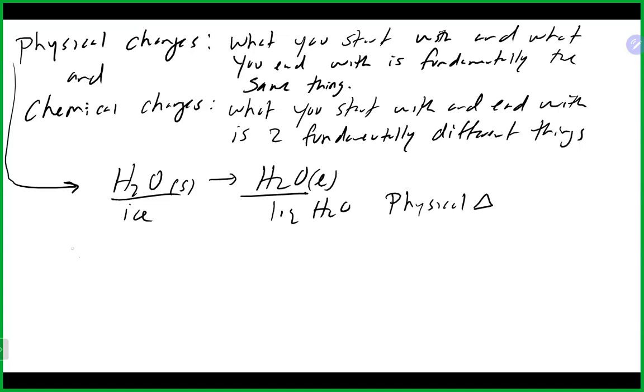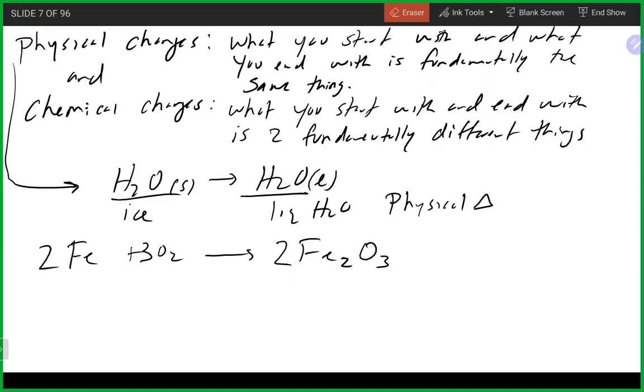That is different than, say, if we had a chemical reaction happening, where we make some iron and some oxygen here. Balance it by putting a 4 there, maybe.